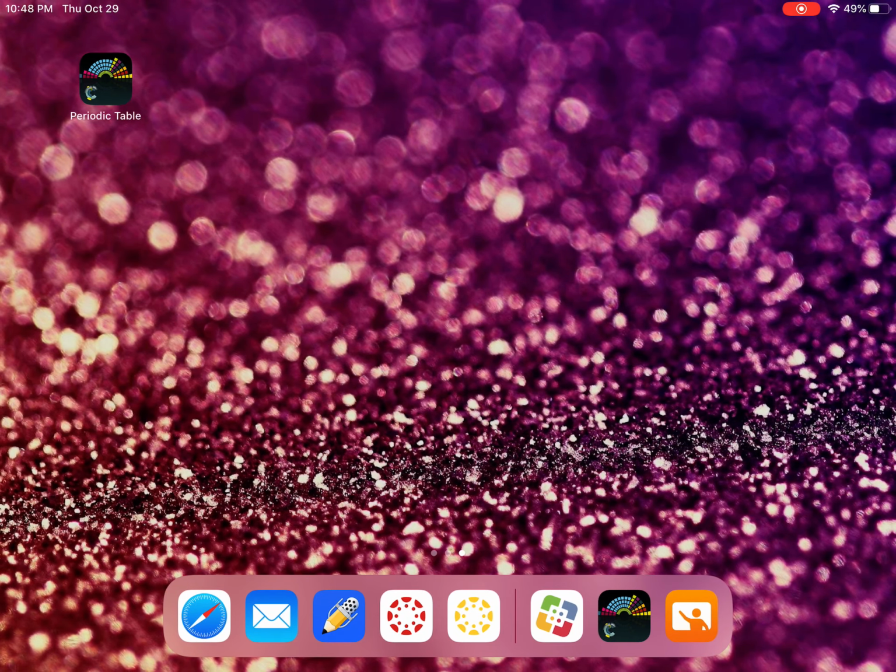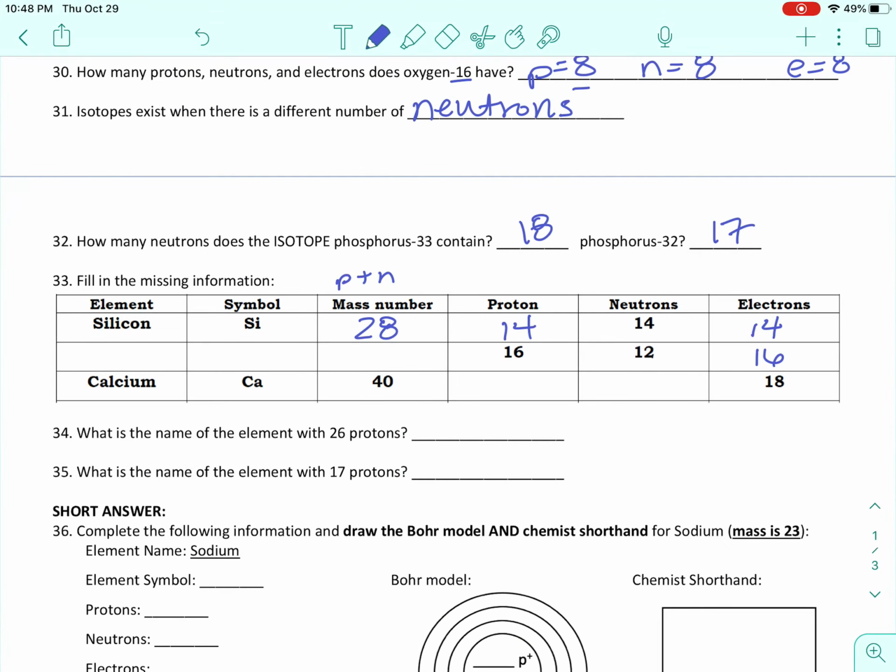So sulfur has an atomic number of 16. So fill that in. And then for the mass number, again, remember protons plus neutrons. So 16 plus 12 is 28.